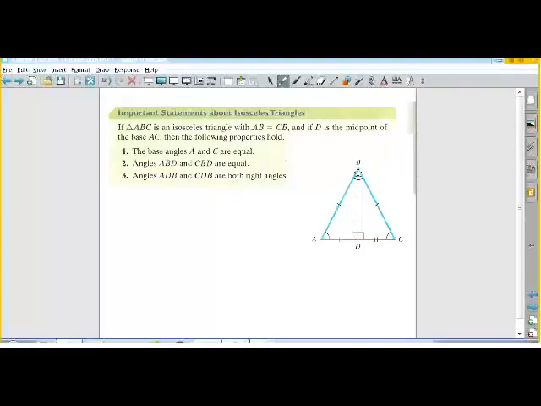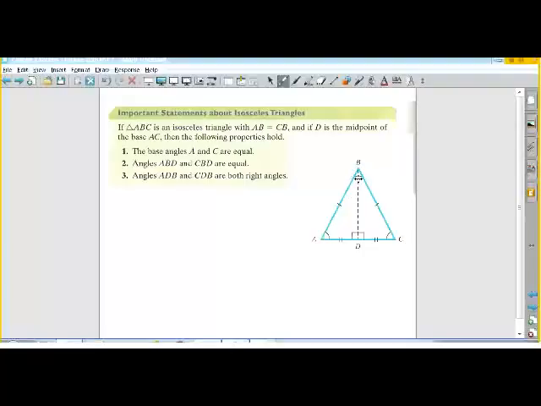They're just saying if this is an isosceles triangle, meaning that these two sides have the same length, and if D is the midpoint, meaning halfway between A and C, and you draw a line from this midpoint to the opposite angle, the properties that result are that these two angles are equal to each other.